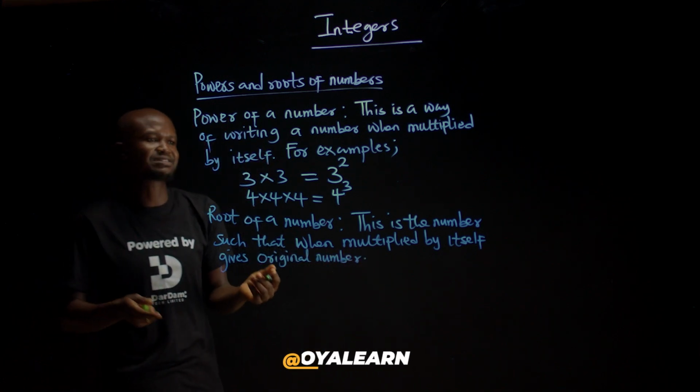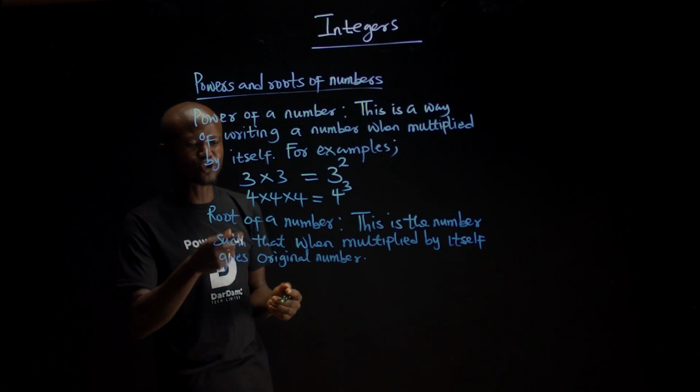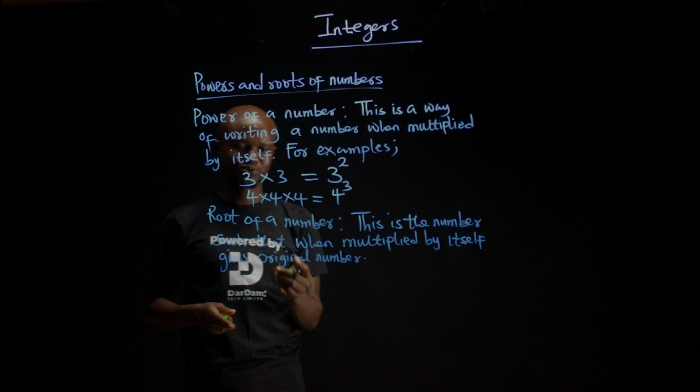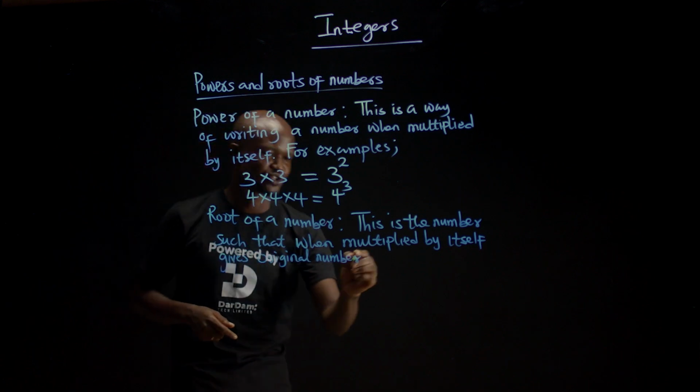In summary, we can say that root of a number is the opposite of power of a number. Take note. Now, let's look at examples on this.